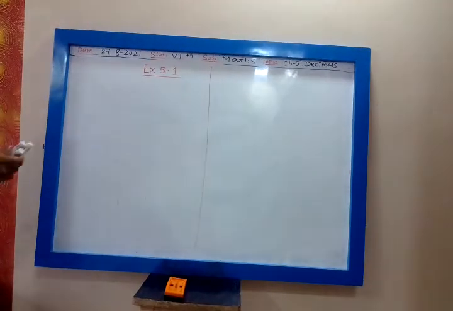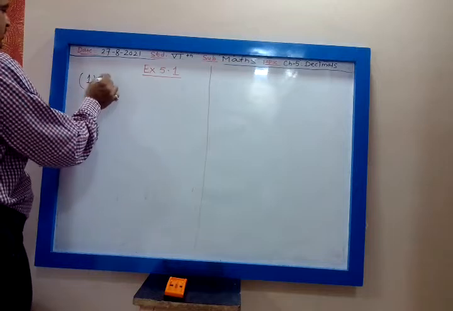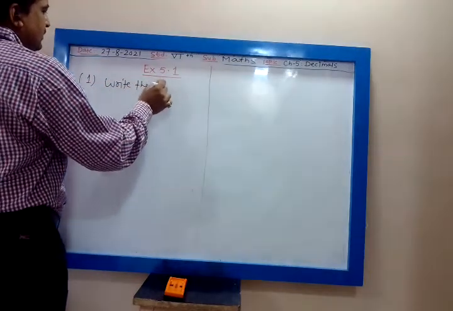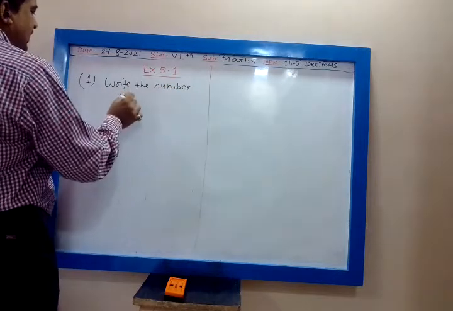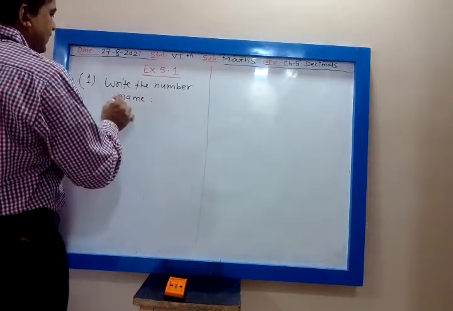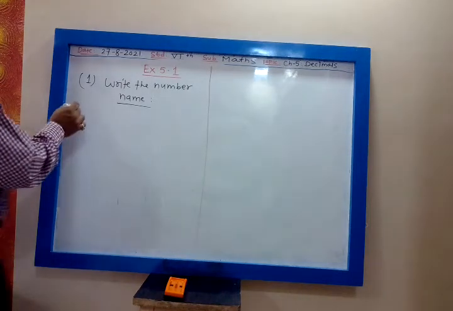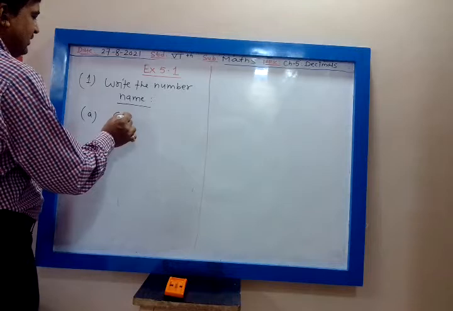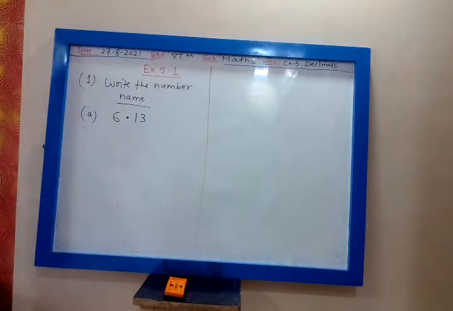Write the number name. First it is 6.13. Don't read 13, my dear.